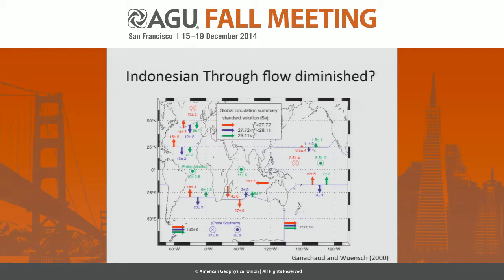So you'll notice there's 157 sverdrups going south of Australia relative to 140. And today, the subtropical front passes south of Australia, and it appears from other paleo data that it does not do that during the LGM. So that's a way also of reducing the ACC flow.